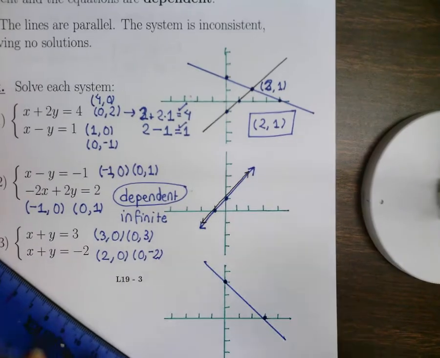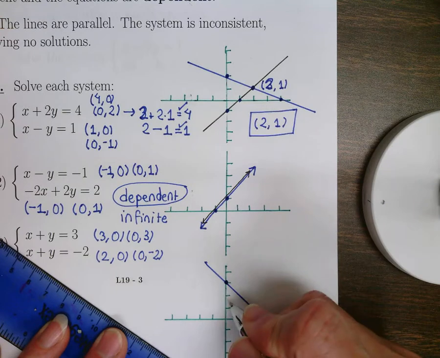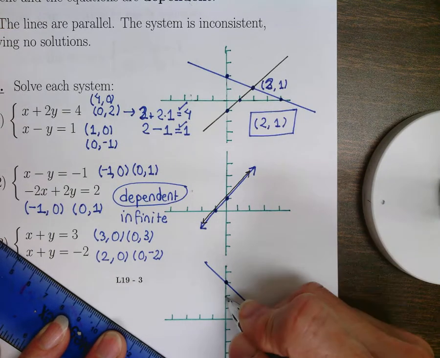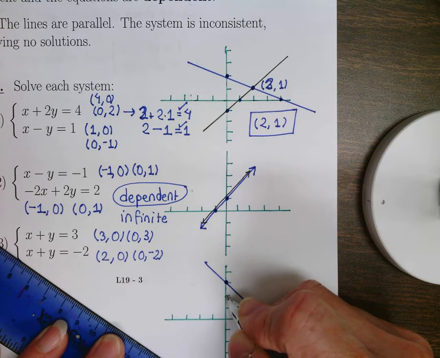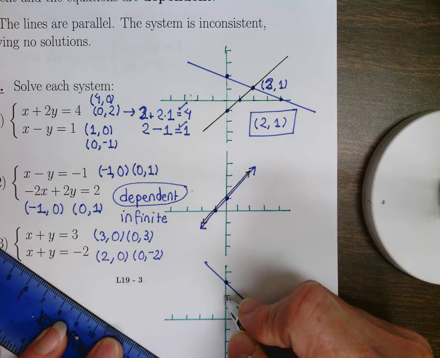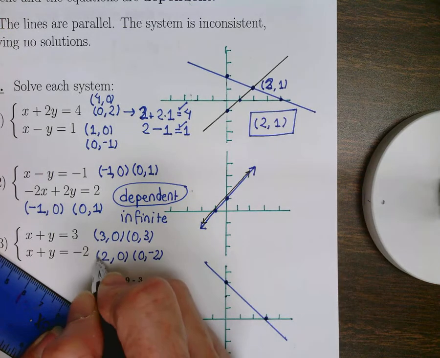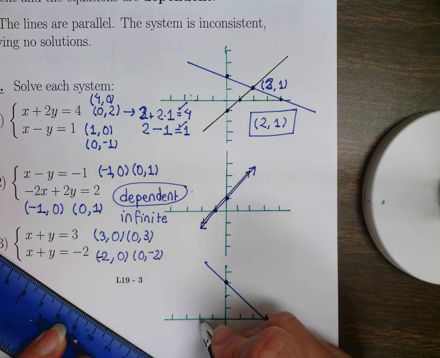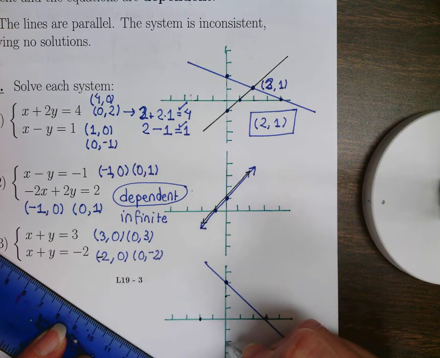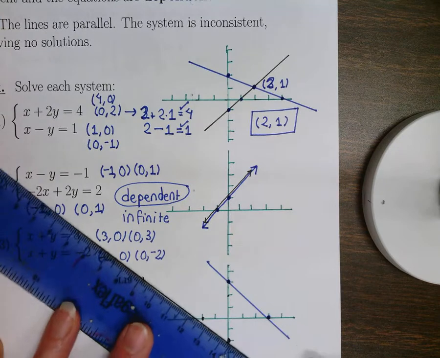And then if I look at the second line, (2, 0), and let's see, I'm sorry, (-2, 0). (-2, 0) and (0, -2), and look what happens.